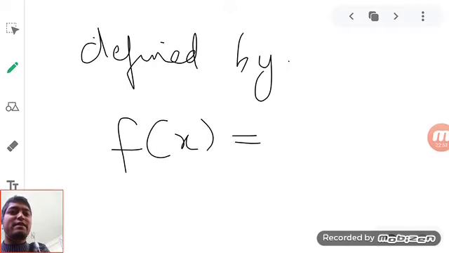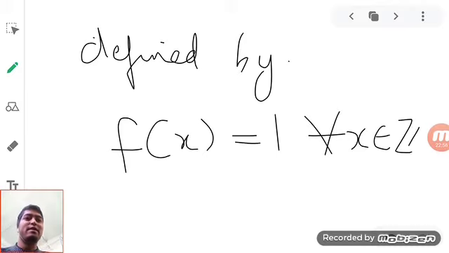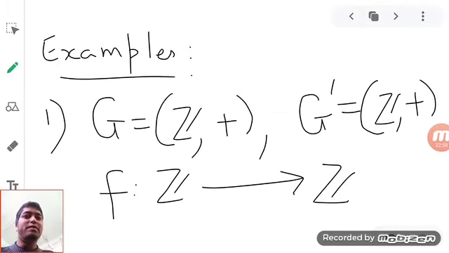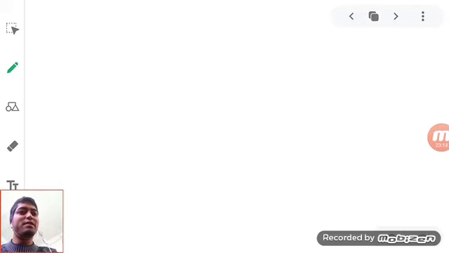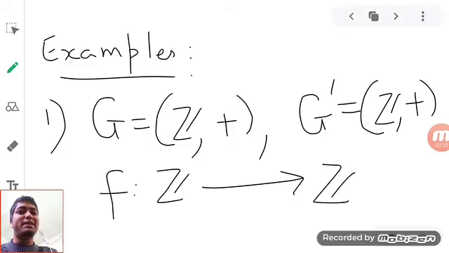f(x) equal to 1 for all x belonging to Z. So this is just an example. If I ask you, is this one a homomorphism? What will you say? Is the answer yes or no? The answer is actually no, as you will see why. So let us just first have a visual representation of this one.